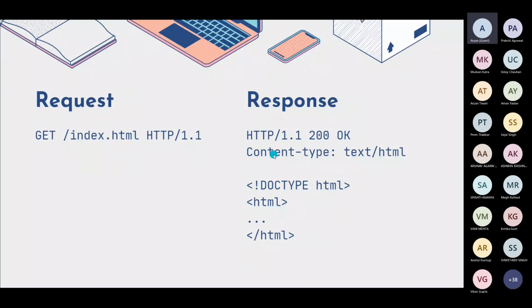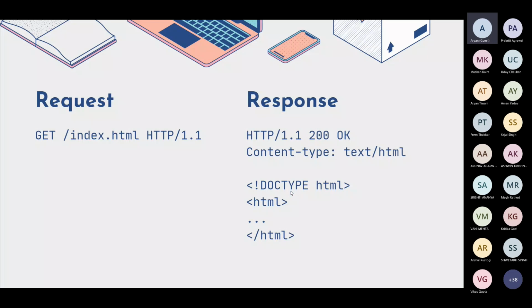And in the next line, we have some headers signifying the nature of the response. This response contains an HTML document, so here it's specified that it's a text/HTML document. And then it's followed by the HTML document itself. This first line is known as the doctype declaration.